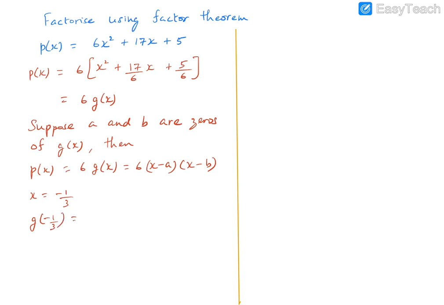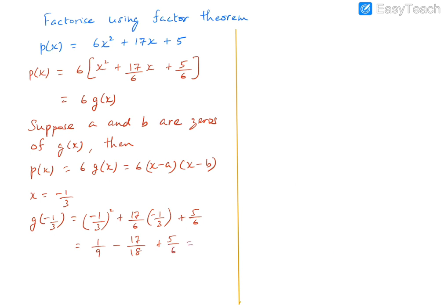We will get it as minus 1 over 3 square plus 17 by 6 into minus 1 over 3 plus 5 over 6. If we simplify this, minus 1 over 3 square is 1 over 9. That will be minus 17 over 6 into 3, which is 18, and that will be plus 5 over 6.